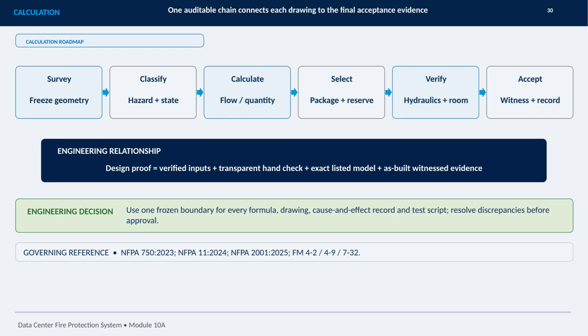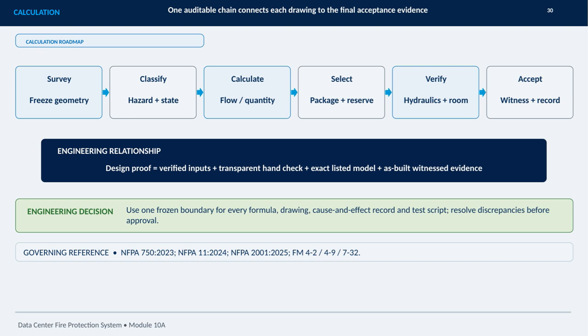This slide presents the calculation roadmap for the data center fire protection system. The goal is not simply to produce a number, but to maintain one auditable chain from the original survey through final acceptance evidence. We begin by surveying the protected space and freezing the geometry. Then we classify the hazard and its operating state, calculate the required flow or quantity, and select the package, including the necessary reserve.